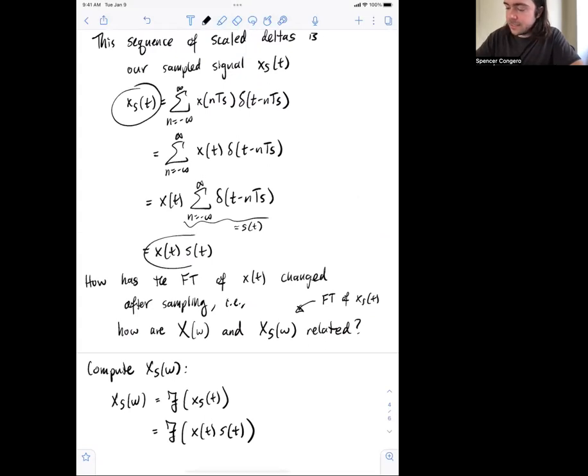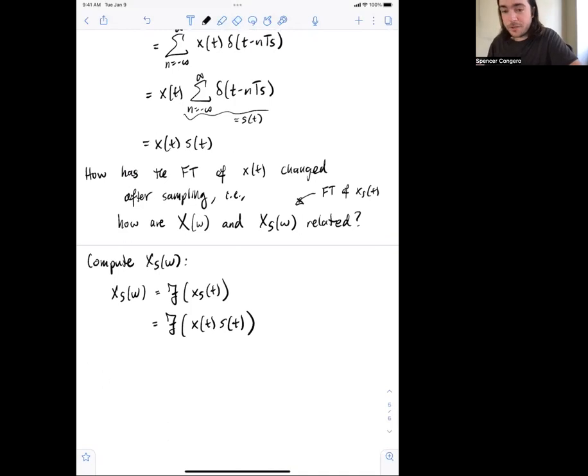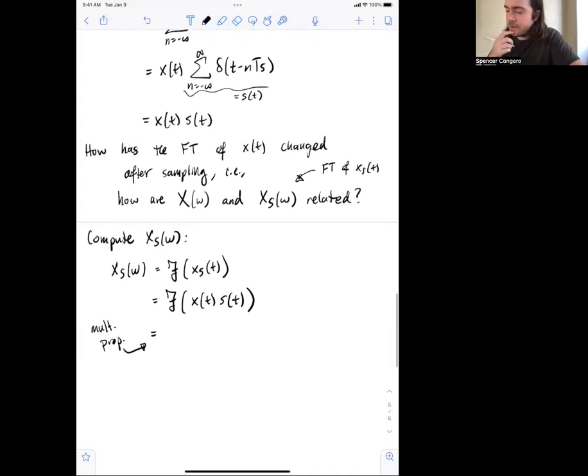The sampled signal is our original signal times our impulse train. How do we take the Fourier transform of a product? We saw this in the previous video. We can use the multiplication property of Fourier transforms and say, well, the Fourier transform of the product, that's easy. It's 1 over 2 pi times the convolution of their Fourier transforms.